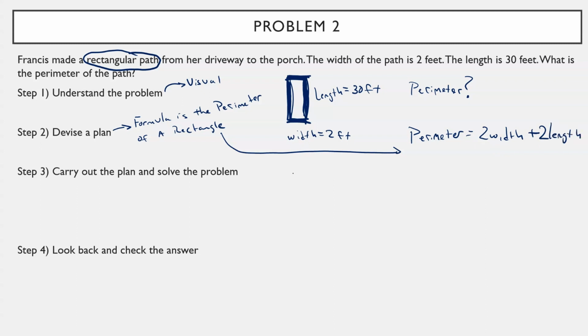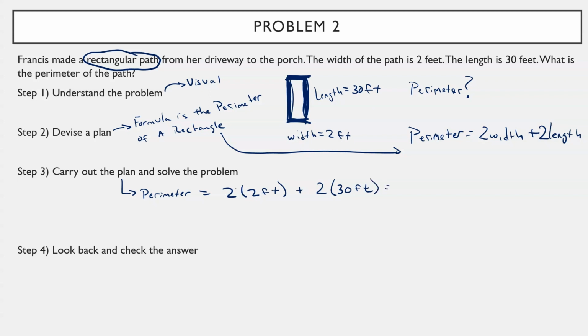We got our formula. All right, so let's now carry out this formula, this plan, and solve the problem. So we're solving for the perimeter. Well, this would be 2 times the width. Well, what was the width? 2 feet plus 2 times the length. And what was the length? 30 feet.